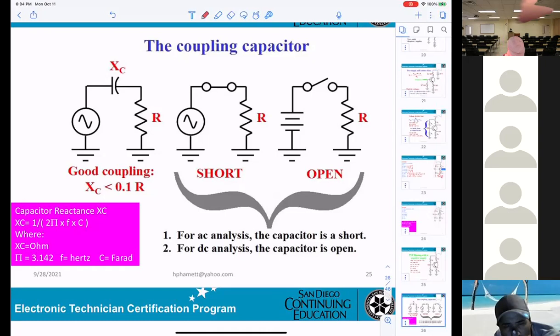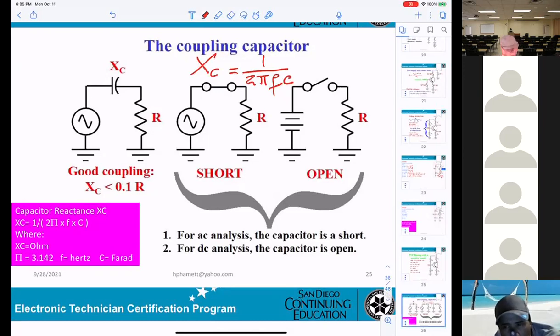Normally, when you connect the AC circuitry to the capacitor, the capacitor will have a resistance. That resistance is calculated by the formula 1/(2πfC).